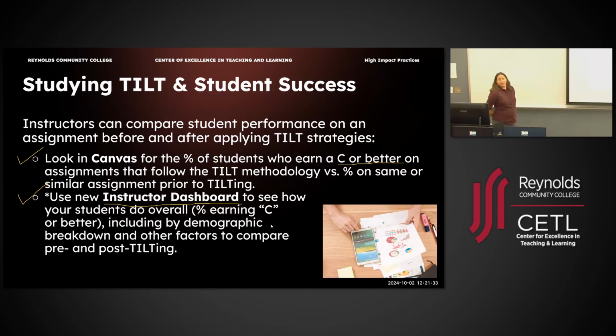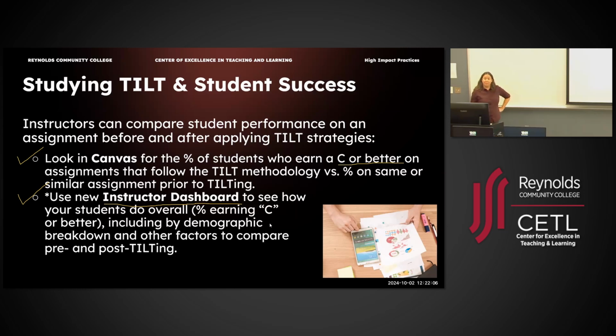You can look it up by course, you can compare it to the averages for other folks teaching that course, not individually. You're only looking at your own data versus overall data. But you can see how your students do overall. You can also look at demographic breakdown. You can even see how different groups of students did on the assignment. You can look by campus, you can look by all kinds of filters that can give you really interesting, useful information.